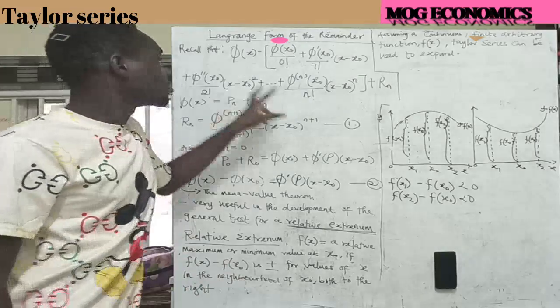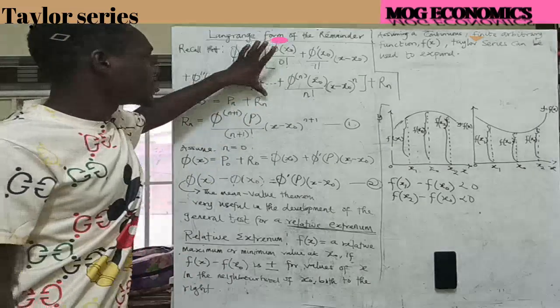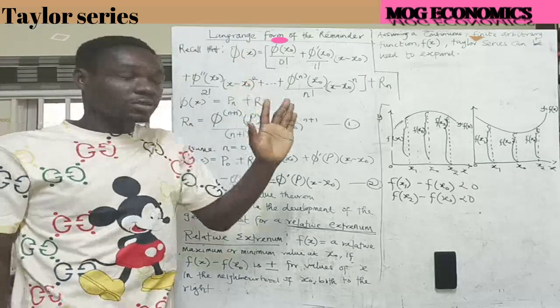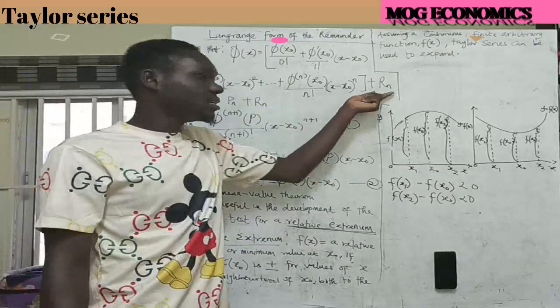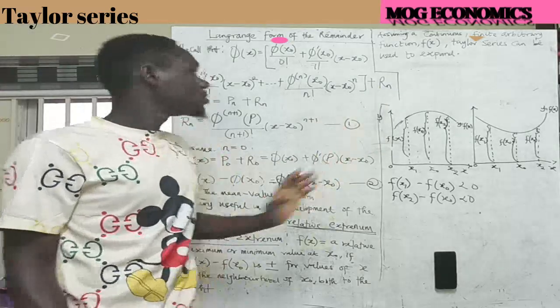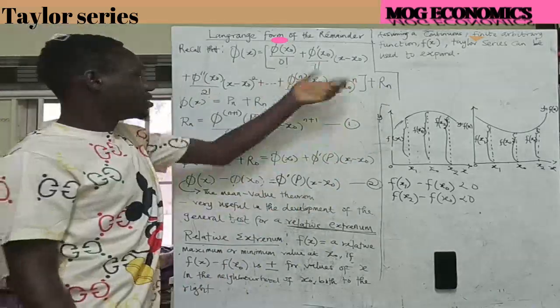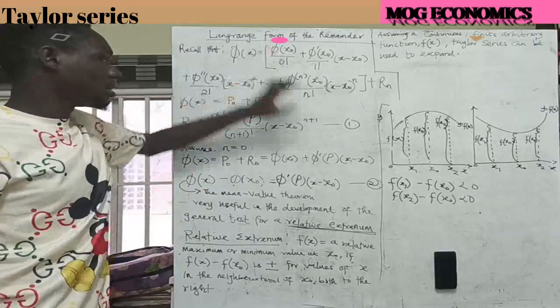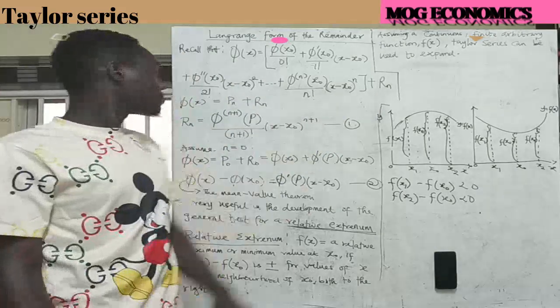This is the expansion of an arbitrary function, but here with a remainder term, which is denoted with the r subscript n. So now this can be written as this, and then the remainder term.